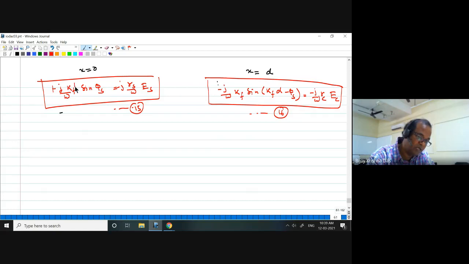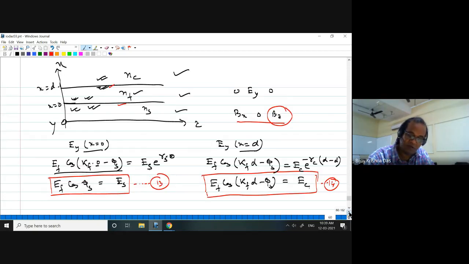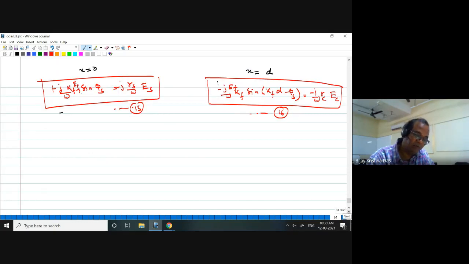I think Ef will be there, na? Ef should be multiplied here, because that amplitude part will be there. Okay. So for example, here I have 13, 14, and because this is a derivative, Ef and kappa f will be there. Kappa f will come here, and here you will be getting kappa f here, gamma c, gamma s. That's fine.